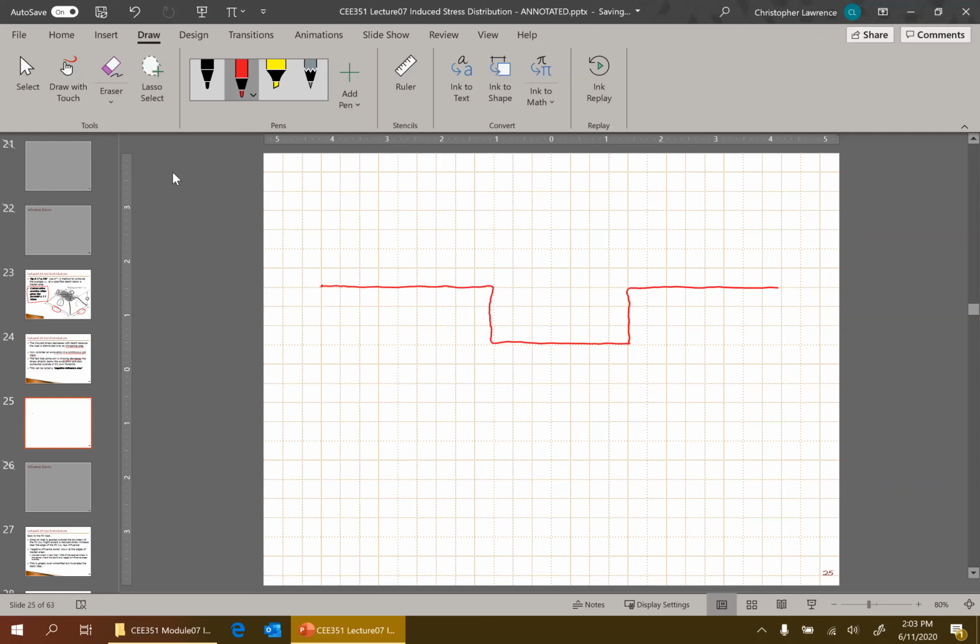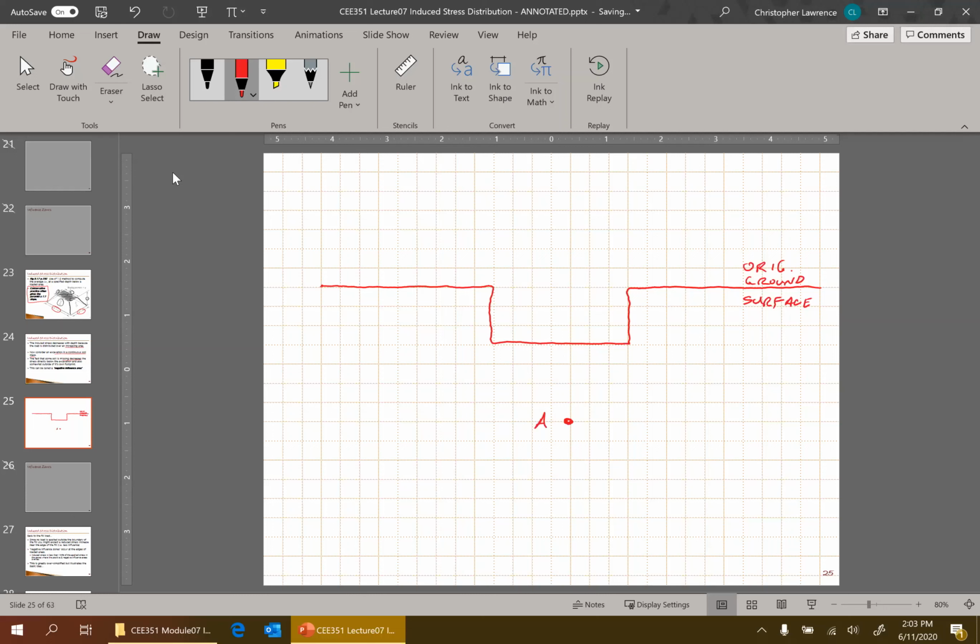So we have our original ground surface, and that is needed only to calculate the original geostatic effective stress. Let's say point A right there.